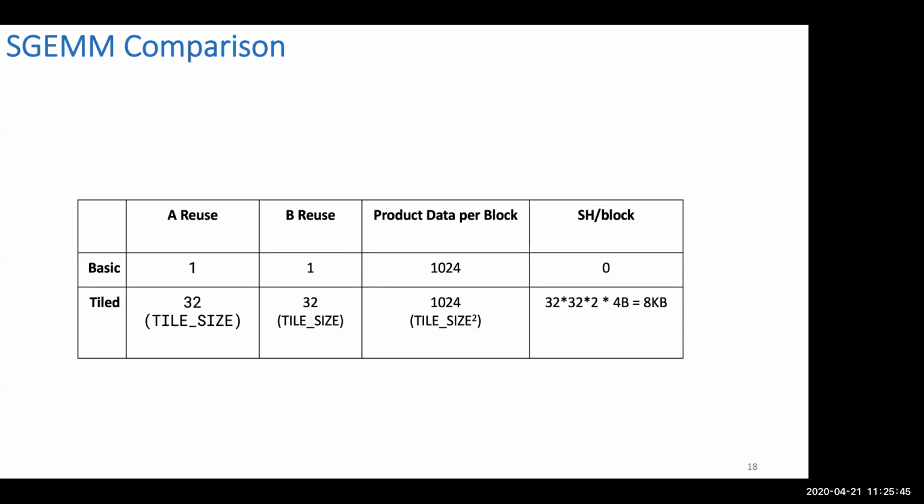In the tiled implementation, we're going to use a 32 by 32 tile to produce those 1,024 products per block, giving us some reuse of A and B, but at the trade-off that we now use some of that shared memory. So I hope that jogged your memory a bit if it's been a while since you thought about the matrix multiplication.